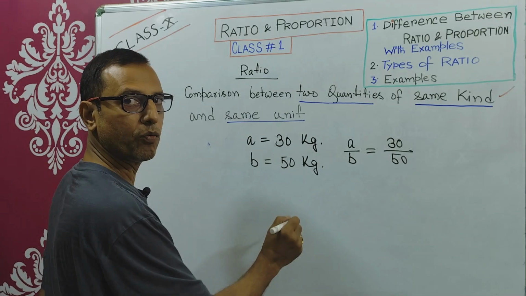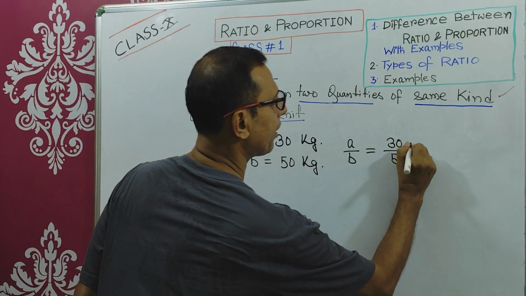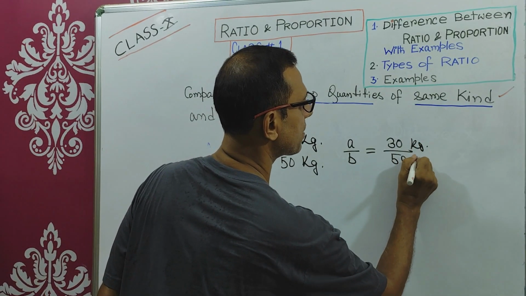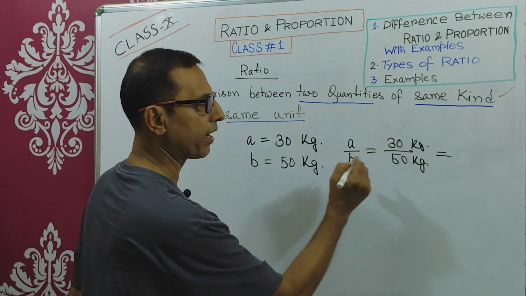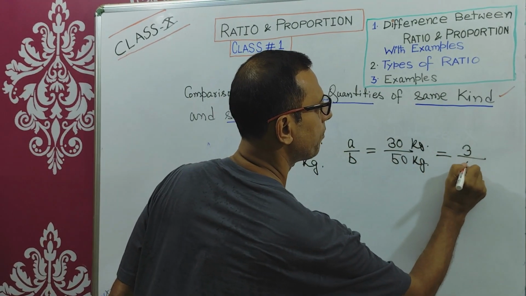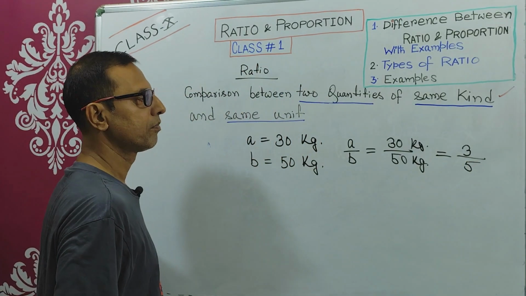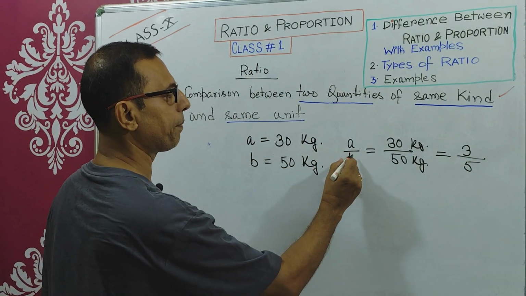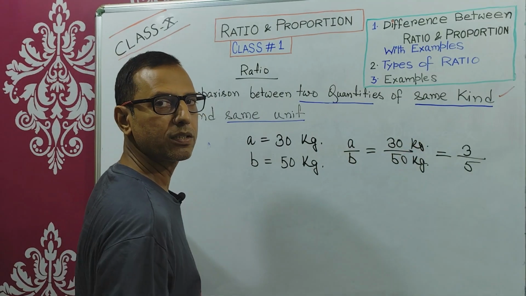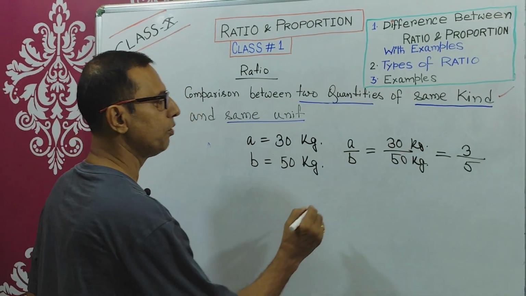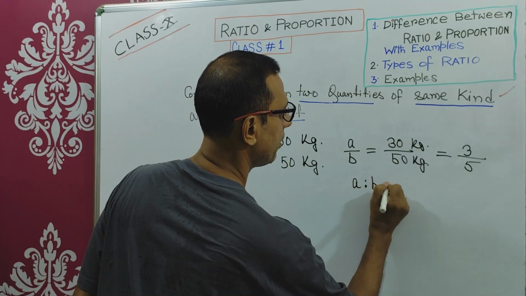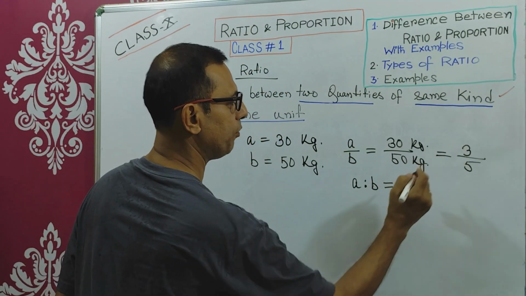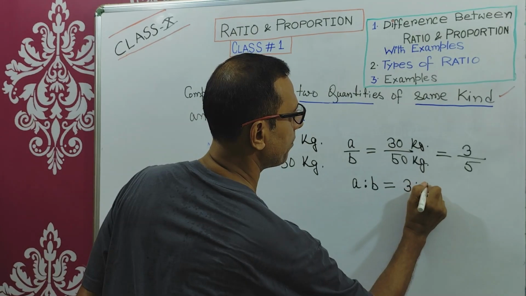Why should the same unit be there? Because 30 kg versus 50 kg, the units cancel. So this fraction is 3 by 5. Either you can represent it as A by B, 3 by 5, or you can read it as A is to B, with A coming first, 3:5.